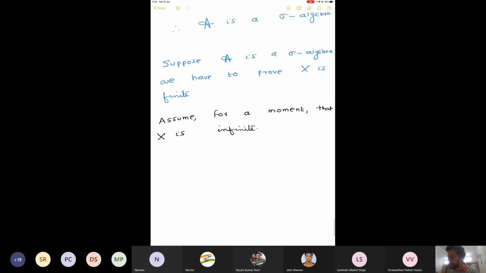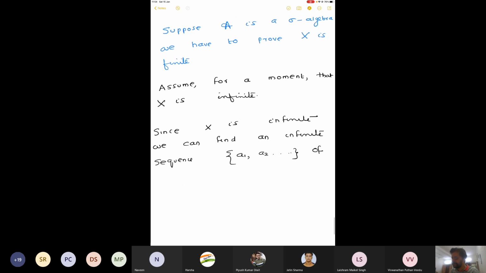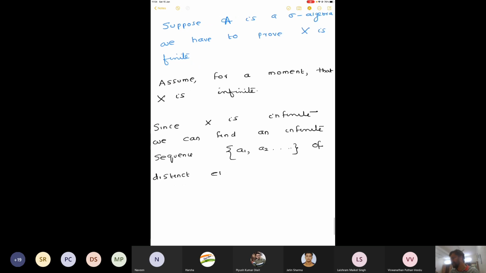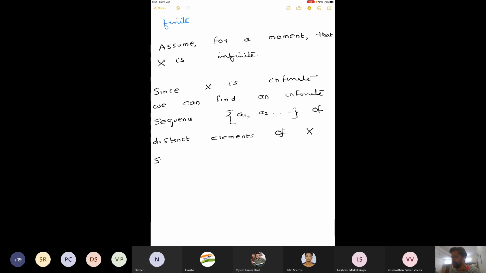So since X is infinite, we can find an infinite sequence a1, a2, a3, etc. of distinct elements of X. Not over; I am going to put some more conditions such that you should say whether it is possible or not: such that X minus {a1, a2, etc.} is also infinite.